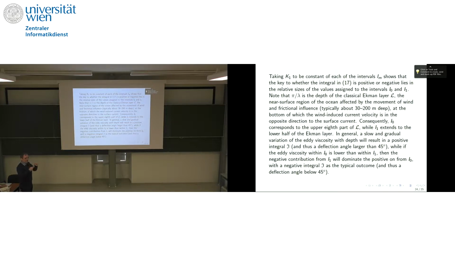So you have the surface current, and this is the first depth, it's a spiral. So this is pi over lambda. So basically, if you think in terms of this Ekman depth for the constant solution, of which K1 is a perturbation, then in the upper eighth part you have something positive, then a quarter of the length is negative, and then they alternate.